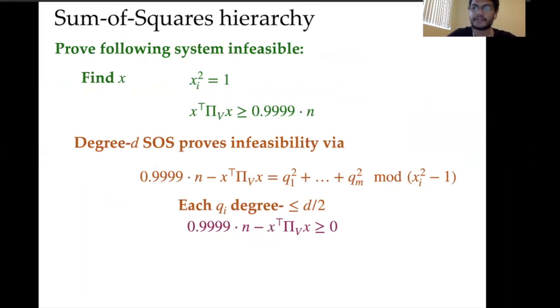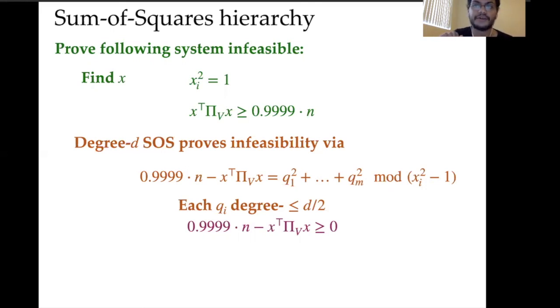So now let me concretely say what it means for degree-d sum of squares to think that a certain system is feasible. The way the degree-d sum of squares algorithm would try to prove that the above system is infeasible is by writing this inequality, namely that the projection onto V is at least 0.999 times n, as a sum of squares. In particular, if you want to show that there's no x satisfying this inequality, then you'd like to show that for every x, the quadratic form is at most 0.99999 times n. This is equivalent to showing that a certain polynomial is non-negative.